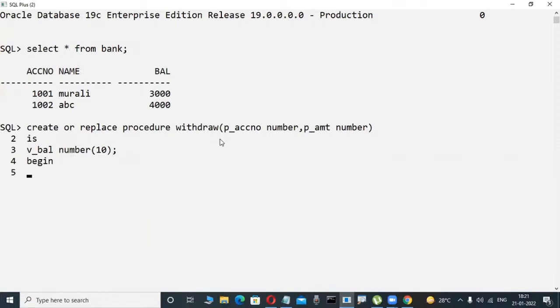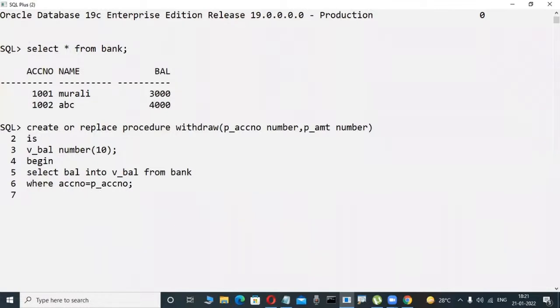Now check it out, concentrate here. Some coding is there. Select balance into v_balance from bank where account number is equal to something. Okay, fine. You may not have an idea about these things, but logically observe it here. These are very easy actually.